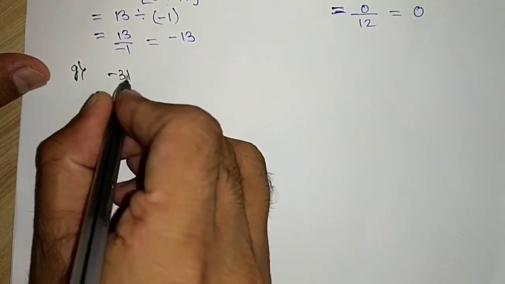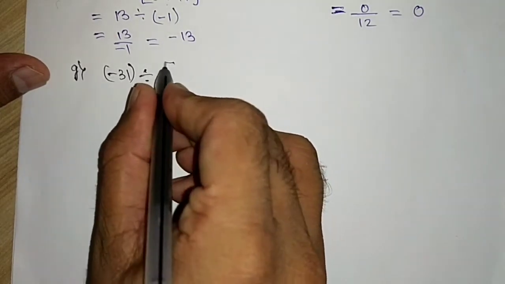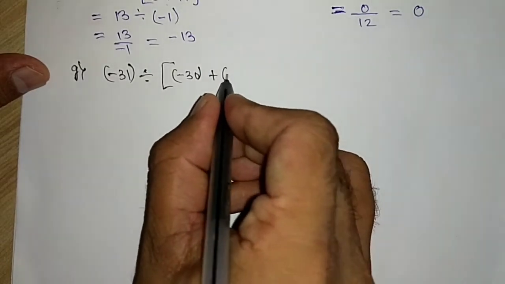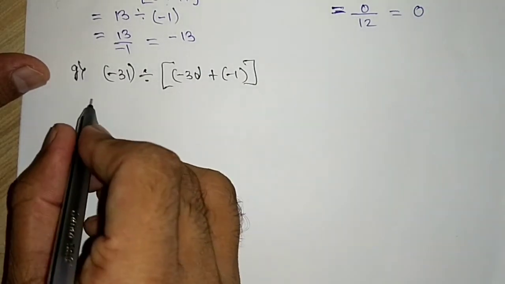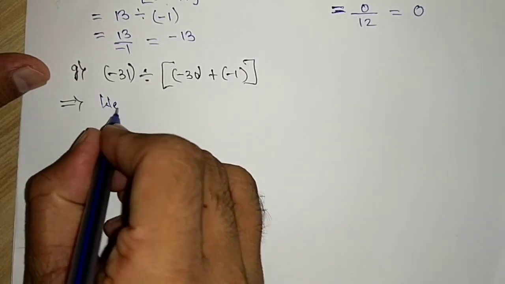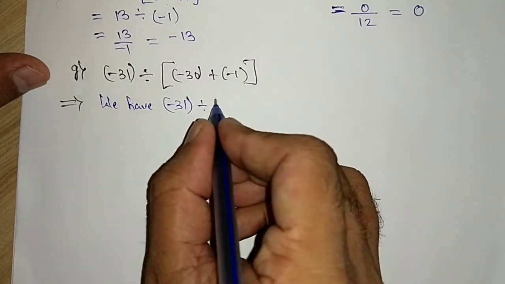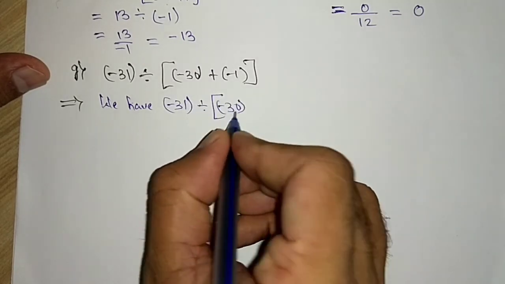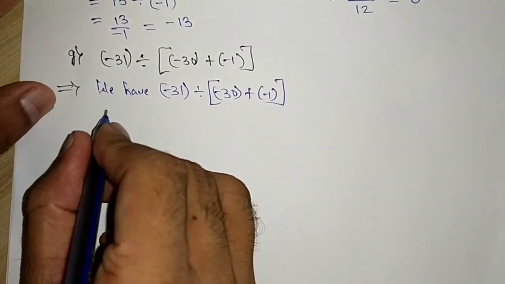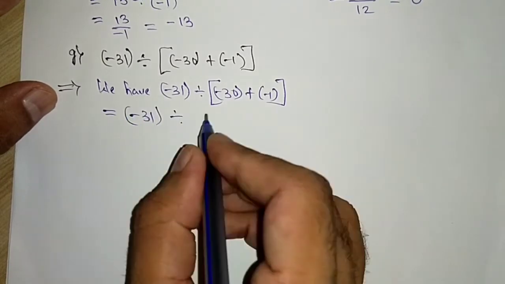This one is G part. Minus 31 divided by, in the bracket, minus 30 plus minus 1. First we will solve the bracket. We keep minus 31 as it is.